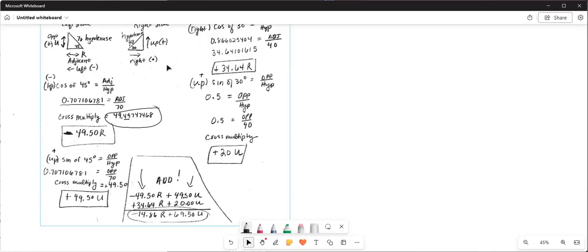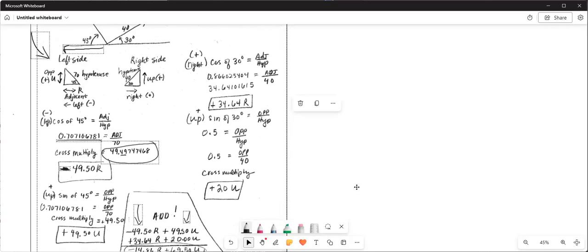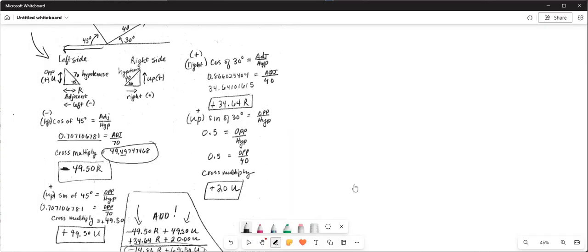Then you do the right side where we have an angle of 30 degrees. The hypotenuse is 40. So going to the right is going to be a positive to the right, and it's going positive up. So the cosine of 30 degrees equals adjacent over hypotenuse, 0.866025404 times 40 is 34.64101615.